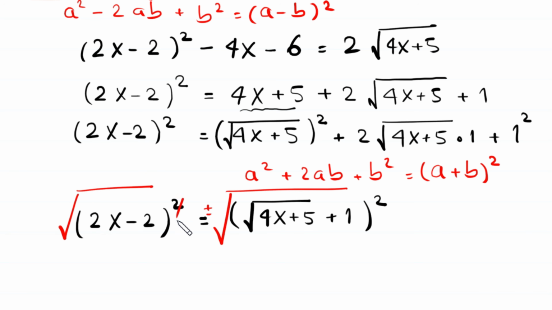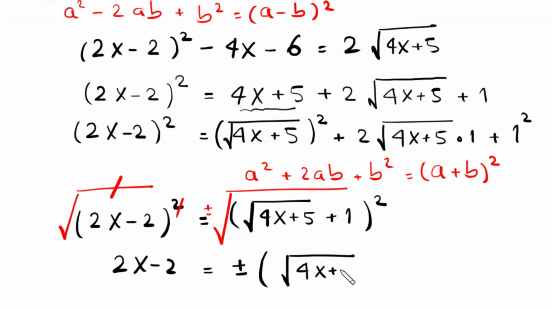So this square will be cancelled out with this square root, and we are left with 2x minus 2 equal to plus minus root 4x plus 5 plus 1.